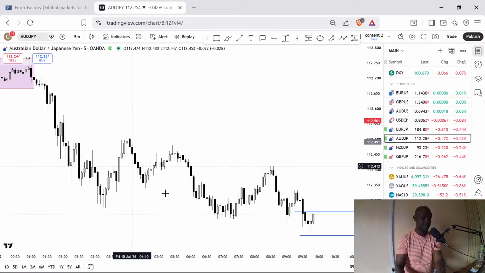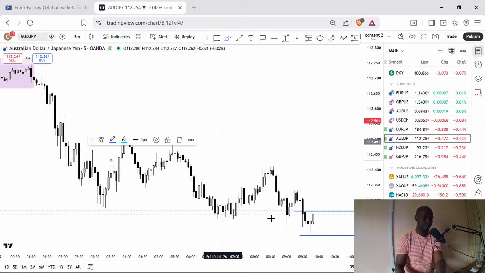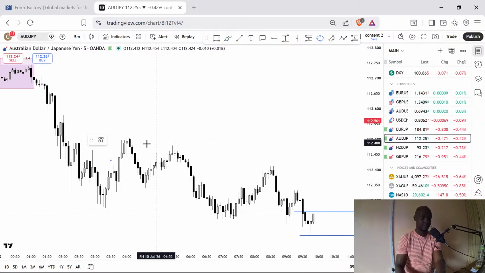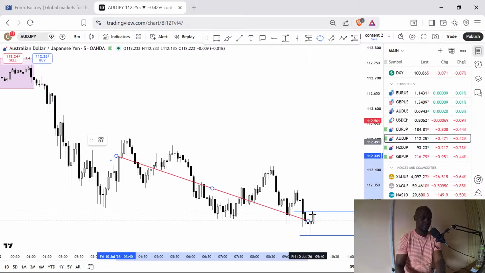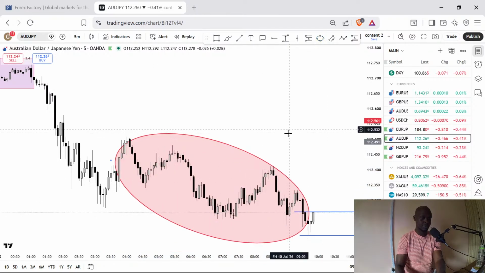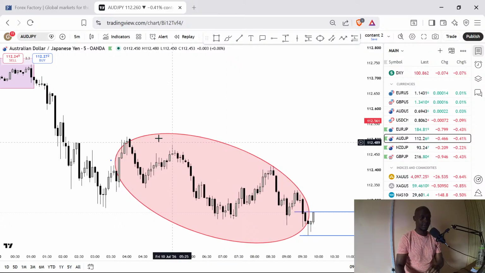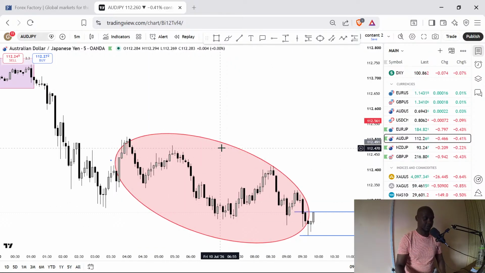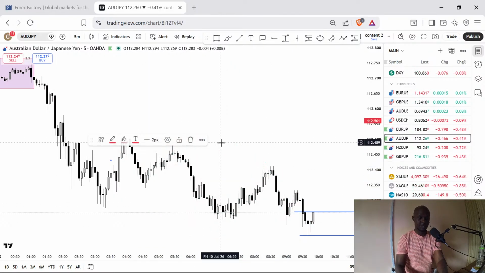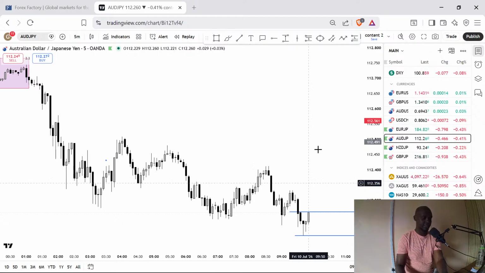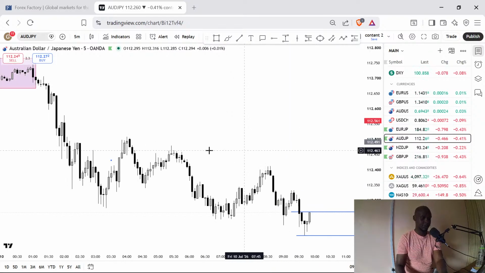This area over here is very corrective price action, an indication that we might get reversals to the upside. So I still have my long bias on ODJPY.